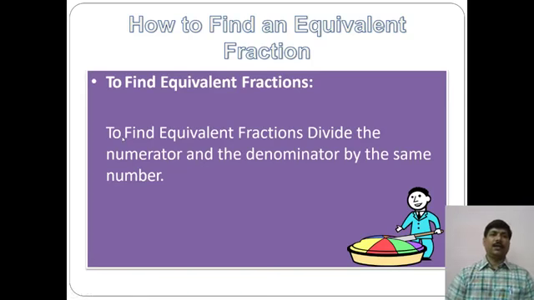Next slide. Now, how to find an equivalent fraction? To find the equivalent fraction, there is another method by dividing. To find an equivalent fraction, divide the numerator and denominator by the same number.